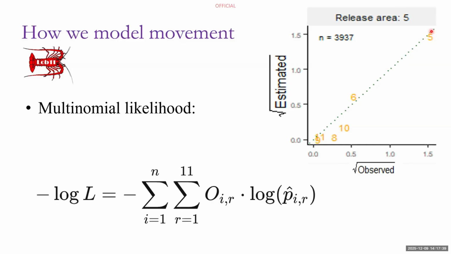So either they were captured before they migrated, or they did not migrate far enough to leave that area. But in the area directly offshore, Area 6, quite a few recaptures occurred there too. And then 10 is further north and offshore again, 8 and so forth. So it's a nice way to look at it.